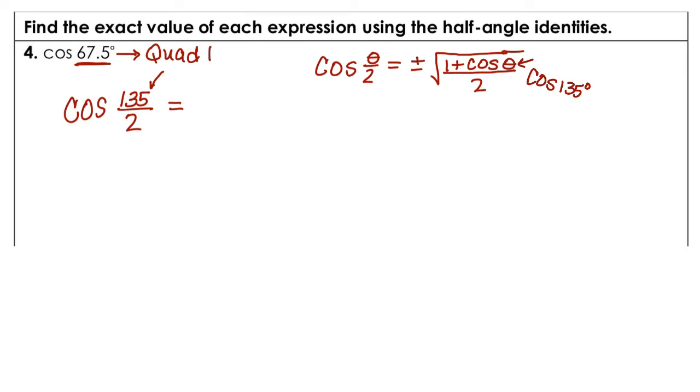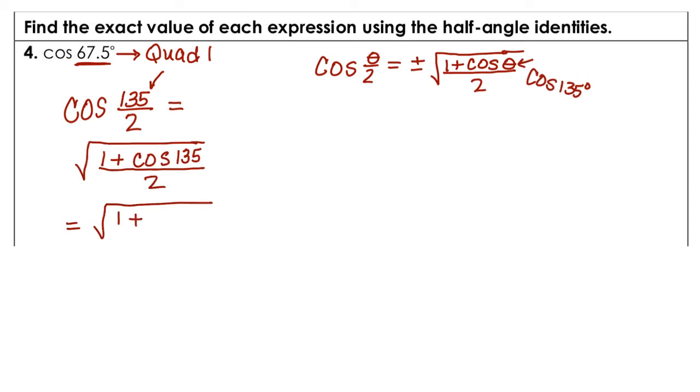So when we plug this in, that's the positive square root of 1 plus cosine of 135, all over 2. And so that's going to break down to be the square root of 1 plus root 2 over 2, and all of that's over 2, and every bit of that's under that radical. All right, and really that's a mess there.